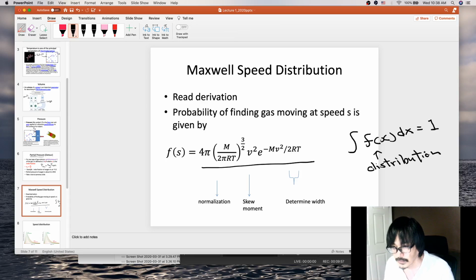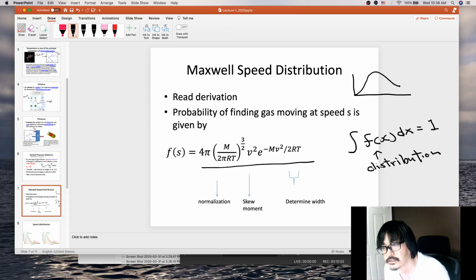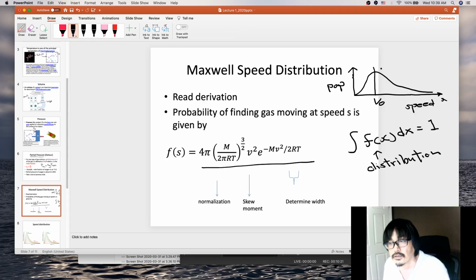Sometimes the distribution function may look like this for this particular case, where this is x, or speed, and this is the population here. Somewhere around this speed v0, you have many particles moving at that speed, and for the v1 right here, you have a very small amount of molecules moving at the speed of v1.